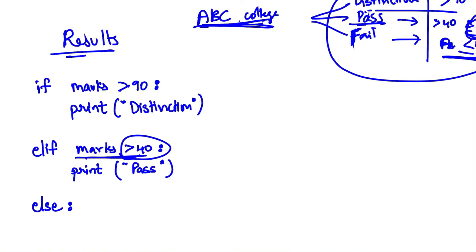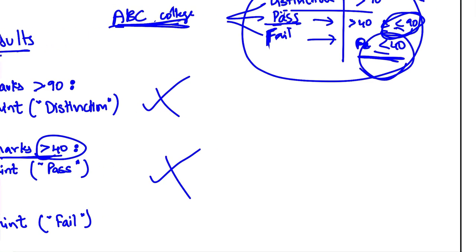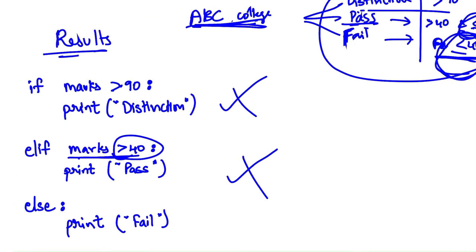So we can put else and print fail. Just understand it like this: if the student did not get distinction and did not get pass marks, then he has failed. This is what the complete code will look like.